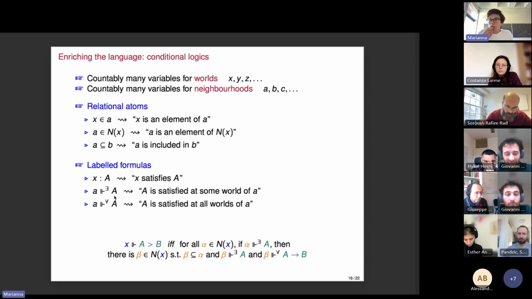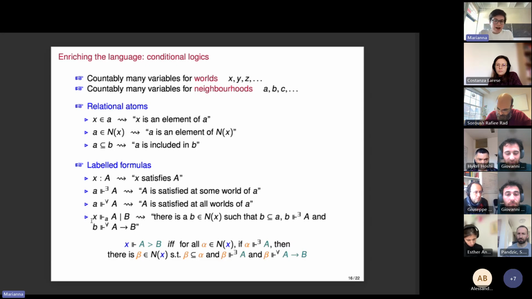Similarly, for the universal quantifier, x universally satisfies a certain formula A. And then you have this horrible thing, which is just taking care of the whole conclusion of my implication. This is nothing particularly significant. I just need a way to decompose my truth condition, but it does make the calculus kind of unreadable.